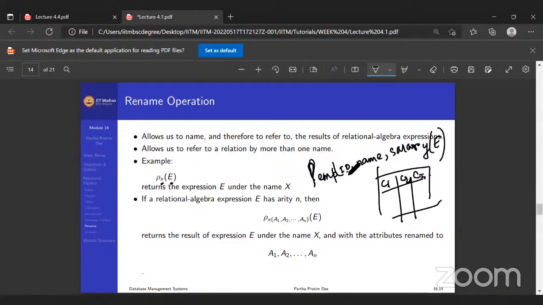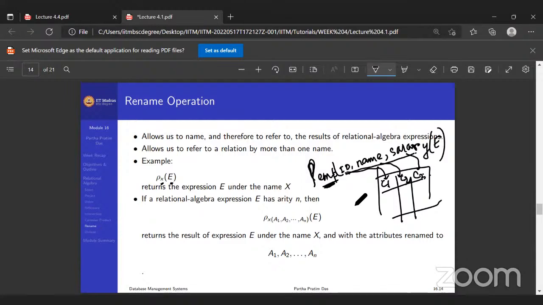So you refer to the first one, C1, as the ID, C2 as the name, and C3 as the salary, right? And the whole thing is combined and represented as this employee.